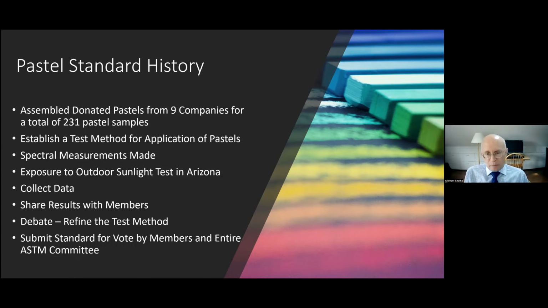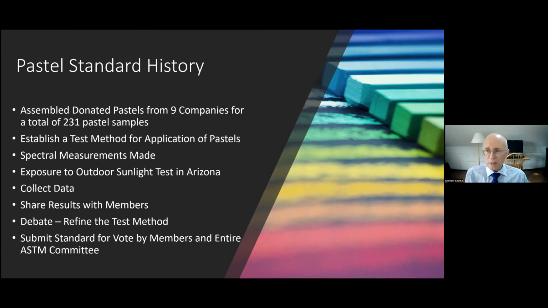So what we did was to take that same application of taking a material and exposing it to an outdoor sunlight test. First we did spectral measurements. We use this device called a spectrophotometer, and we created a sample.